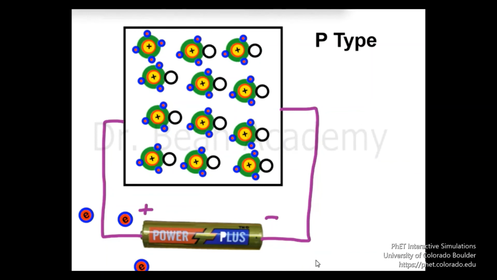There is no electron which jumps to the conduction band actually. So if the current is because of the holes, that's why we say that the majority charge carriers in a p-type semiconductor are holes. But there are no electrons from the material which are taking part in the current flow.